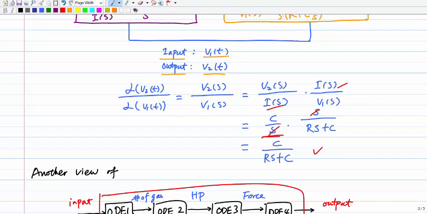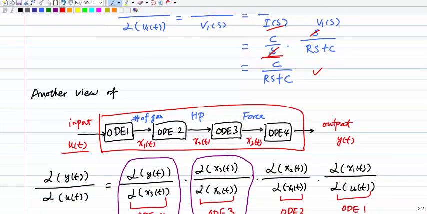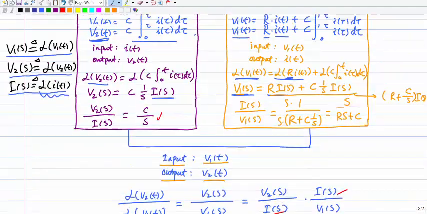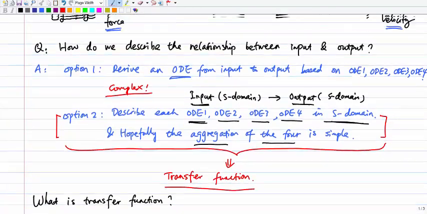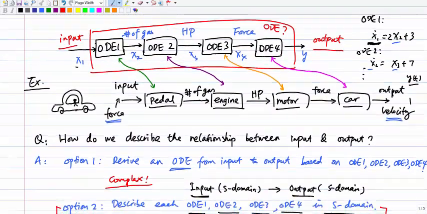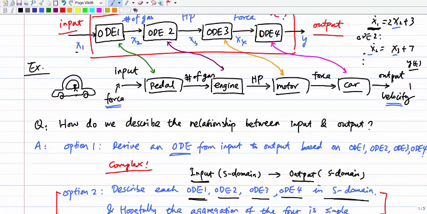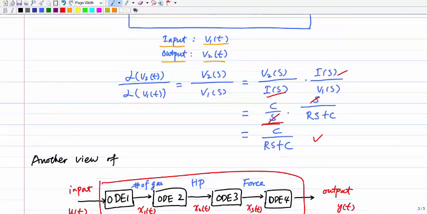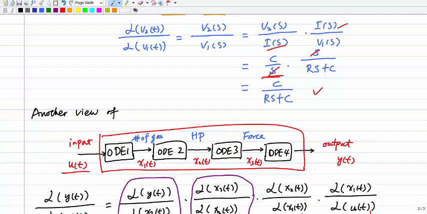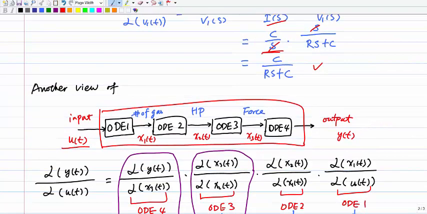Okay. So here's another view that we can look at the problem that I mentioned over here. Generally, if I look at the very general problem, I have ODE 1, ODE 2, ODE 3, ODE 4. What's going to happen if I want to find a transfer function? Suppose the input is U(t) and output is Y(t).